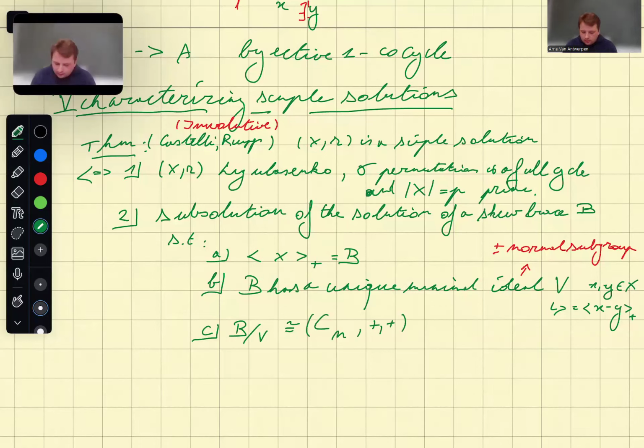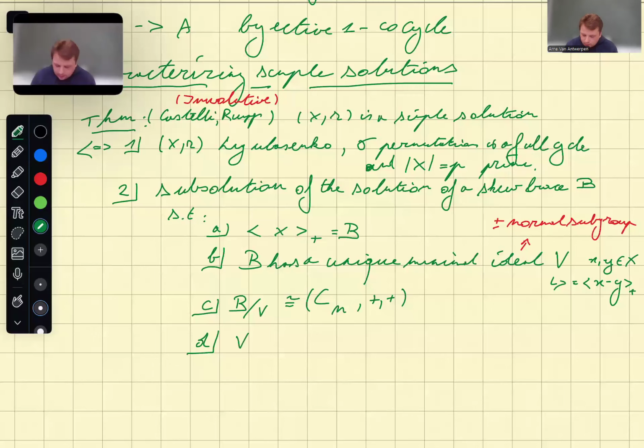Turns out that as a skew brace, it will be a trivial brace on a cyclic group of order n, some integer, which is not required for the rest. The last condition is that V has an action on X. Well, because B will have an action on X actually via just applying, for example, the lambdas. This action has to be transitive.